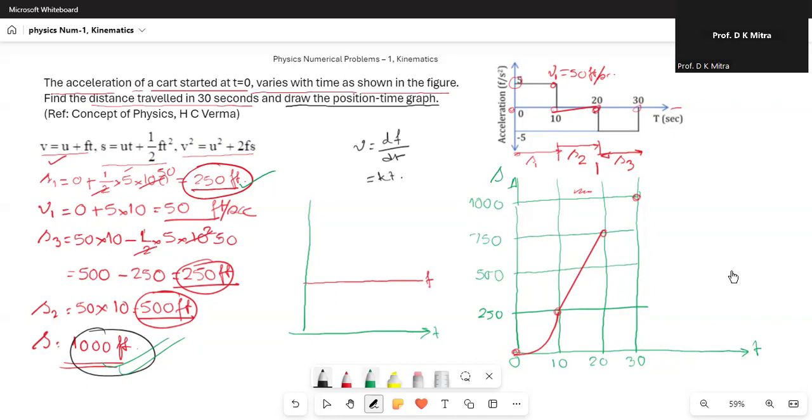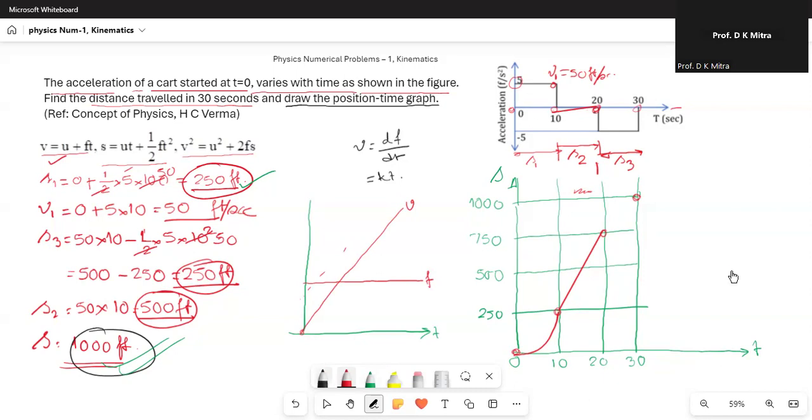So if acceleration is constant, then the velocity curve will be a straight line like this. And if it starts from rest, then it passes through the origin. If it starts with some initial velocity, then it will pass through some coordinate like this.